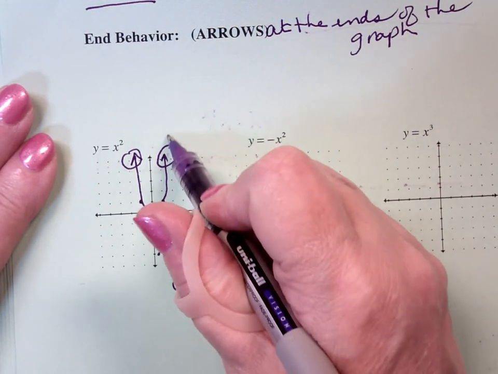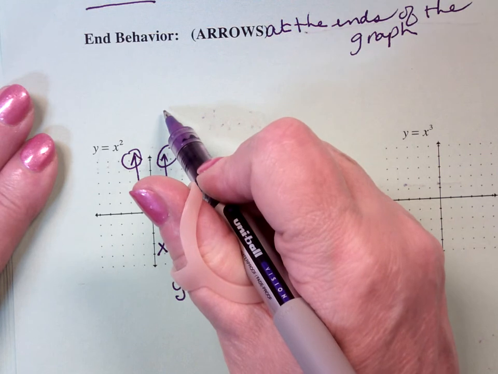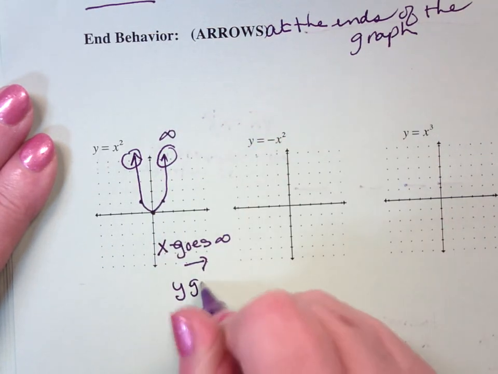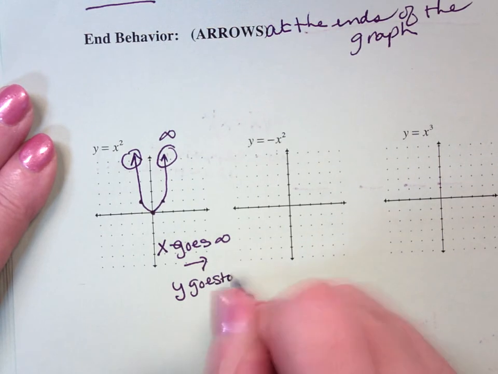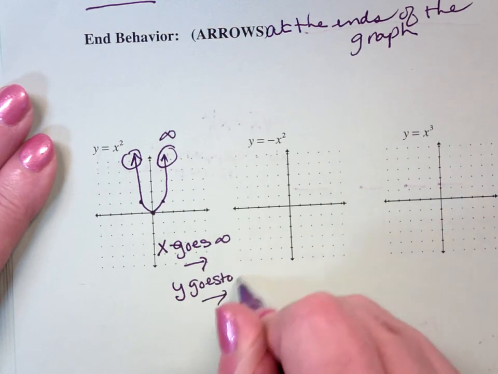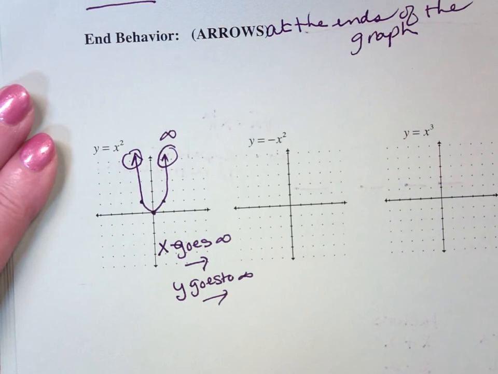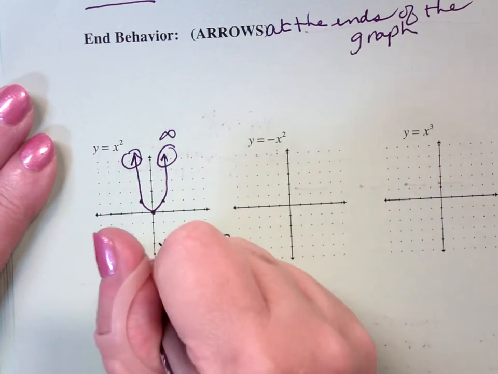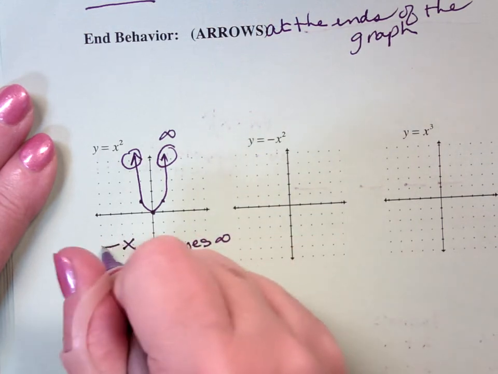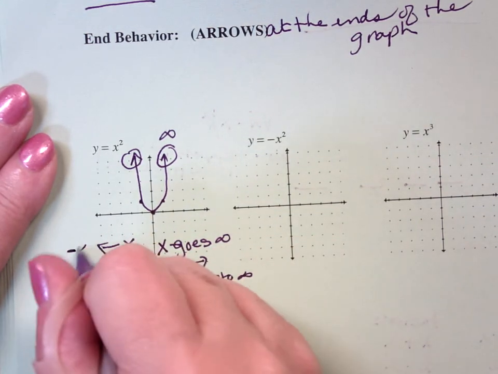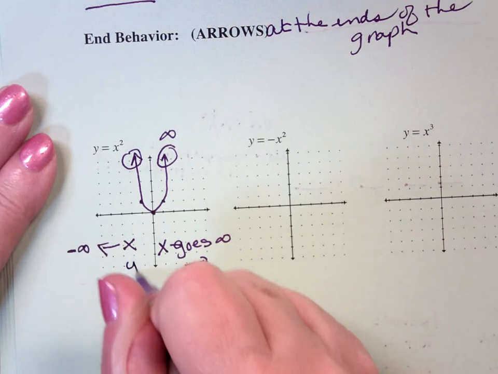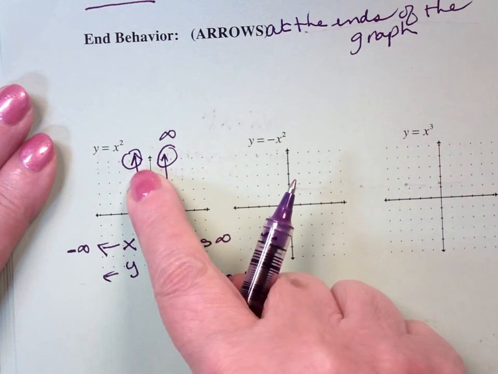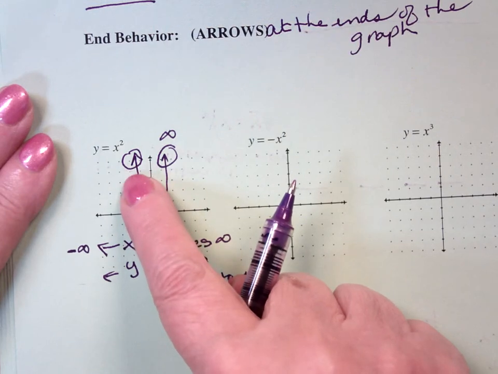I follow y, it's going to infinity, up. And as x goes to negative infinity, where does y go? Take a look. Infinity.